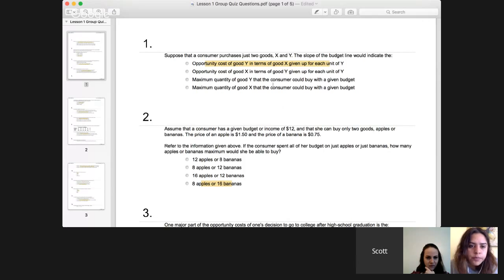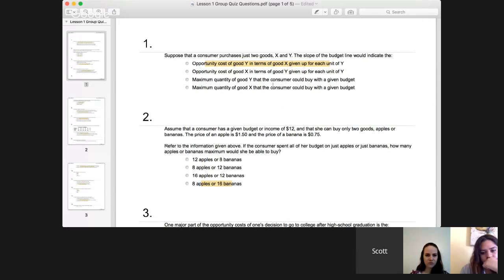So with the budget line, it's like a budget constraint showing how much you could buy of each product with a certain amount of money. So if we say there's $10, and product Y costs $1, then the maximum quantity of good Y that the consumer could buy with a given budget, aka option C, is just a point on that line at $10 if each one's $1.